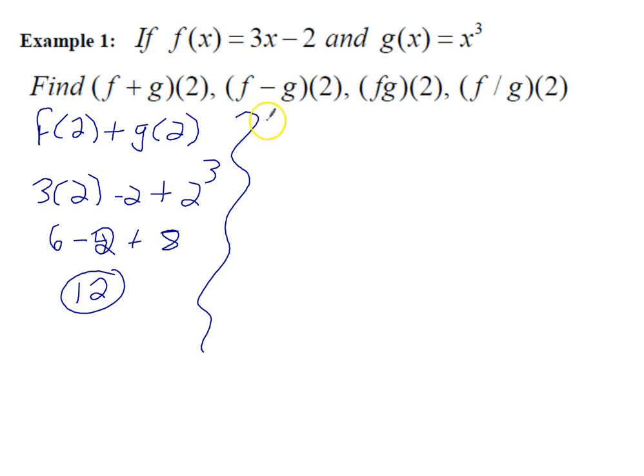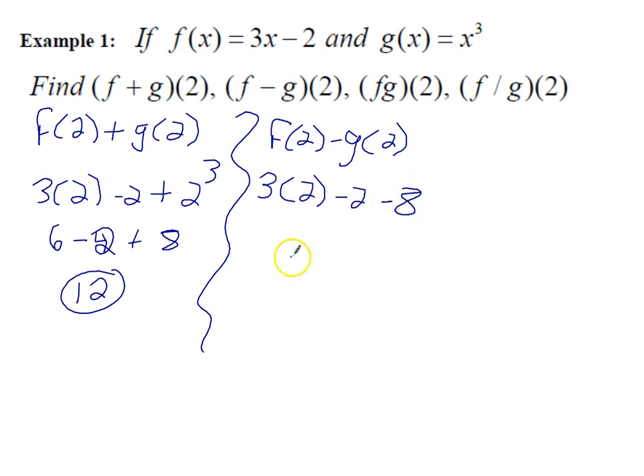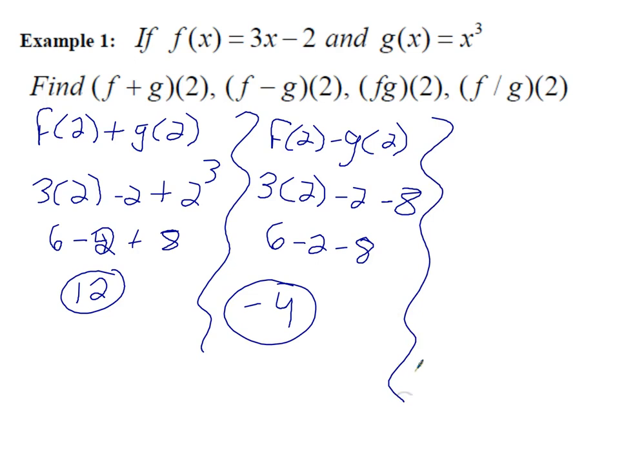Likewise, for f minus g of 2, we'll do f of 2 minus g of 2, which is going to be 3 times 2 minus 2 minus 8, 6 minus 2 minus 8, which is going to give us negative 4. Next, f times g of 2.